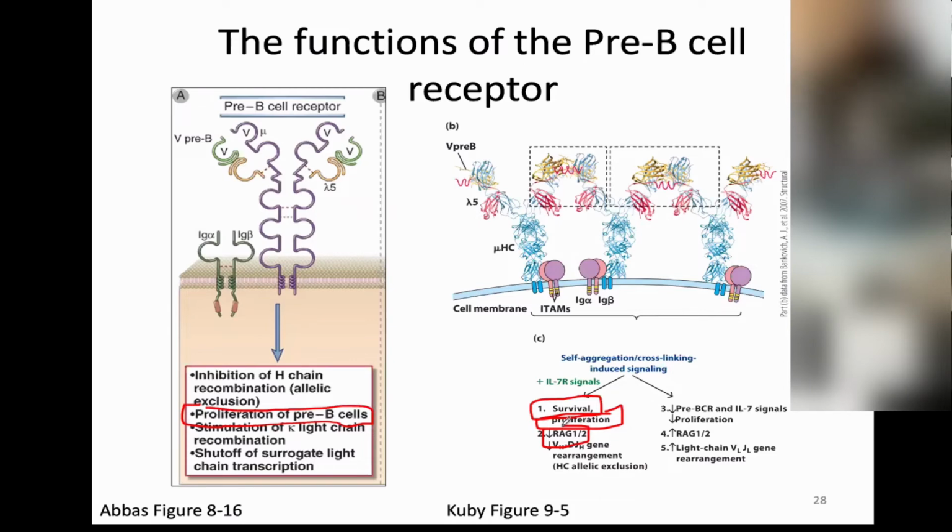So we basically get rid of RAG for a little bit and we make lots more copies of the cell. And we're doing this because the cell is basically getting a signal that says, hey, cell, you did a good job. You made a good heavy chain. Let's make multiple copies of you so we can pair that good heavy chain with different light chains. So now we're basically getting a whole bunch of cells with the same heavy chain. They can each make different light chains. So we get that combinatorial diversity that we had before.